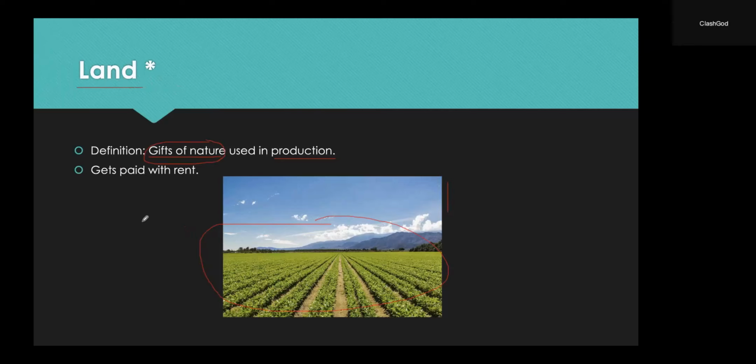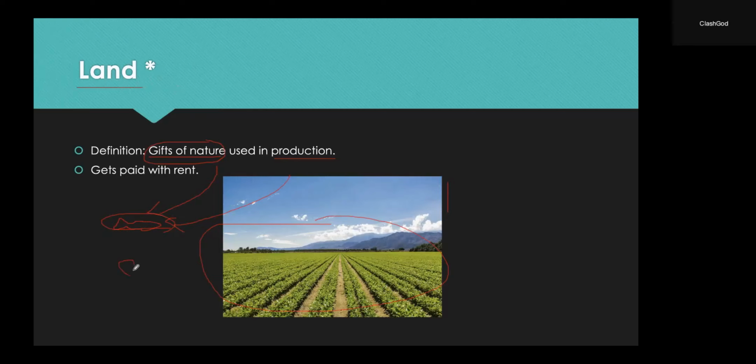Does this mean, for example, fish in the sea? Fish are considered a type of land. Why? Because they are a gift of nature, right? And when we fish, they are actually used in production because we fish them out and we eat them. So fish are a type of land.